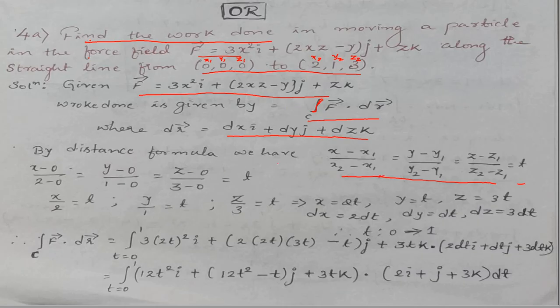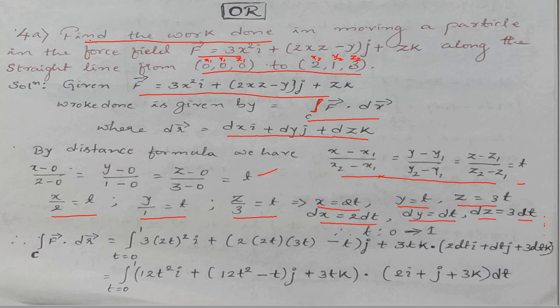After substitution, I got x by 2 equal to t, y by 1 equal to t, z by 3 equal to t. So from this, by cross multiplication, I got x equal to 2t, y equal to t, z equal to 3t. Then I will differentiate all the variables with respect to t. So dx by dt gives dx equal to 2 dt, and dy is equal to dt.